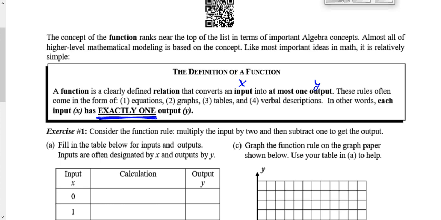But if you put in a 3, maybe you get outputs of 7 and 5. You get 2 outputs. You can't have that. It's not a function. That's a relation, but it's not a function. If any input has more than one output, it is not a function. So we'll see what that means here in a second.